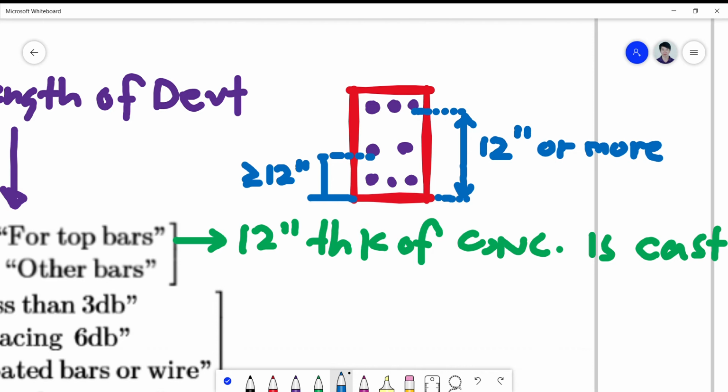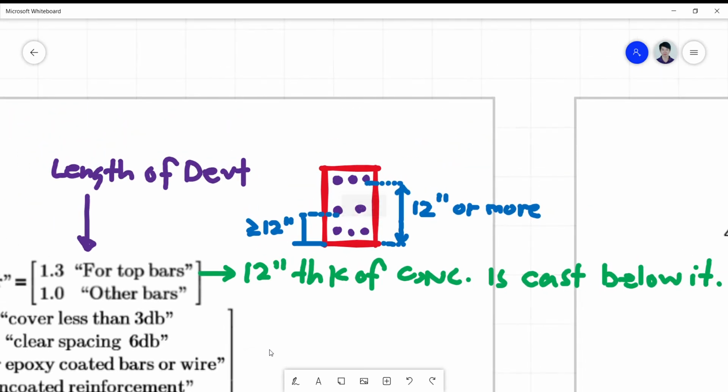There's no word bottom here. Okay, so this is now a top bar if there is at least 12 inches or more of concrete placed below it. Okay, so that's the definition of a top bar requirement.